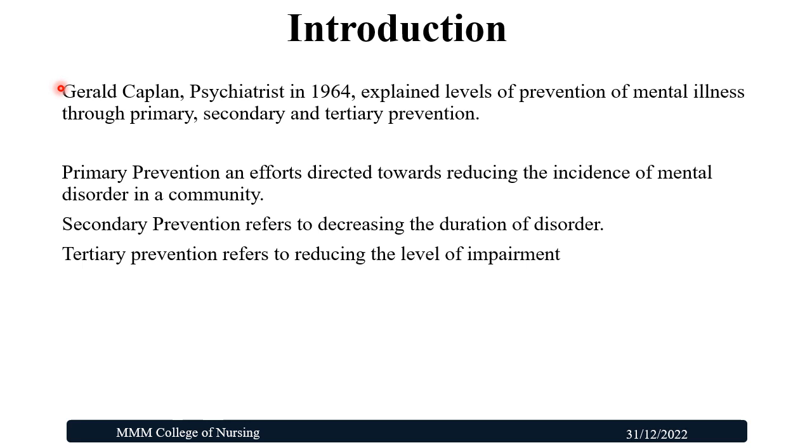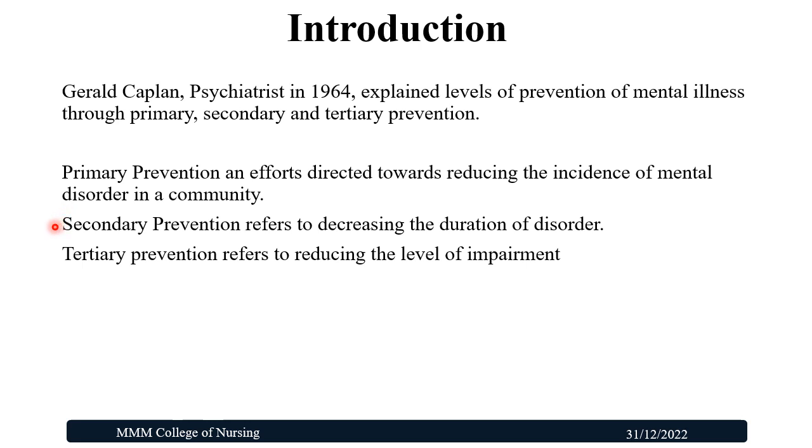Gerald Kaplan, a psychiatrist, in 1964 explained levels of prevention of mental illness through primary, secondary, and tertiary prevention. Primary prevention refers to efforts directed towards reducing the incidence of mental disorder in a community.